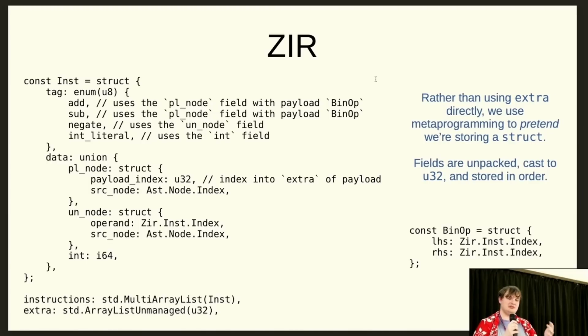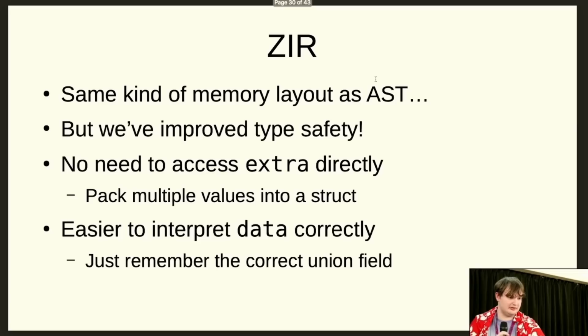What the metaprogramming does is just pack the fields of that struct into extra and unpack them on the other side. So we get a bit more safety this way. It's the exact same memory layout as before, but it looks very different because we've made the type safety better. We don't need to access extra directly, and we can interpret our data correctly more easily.